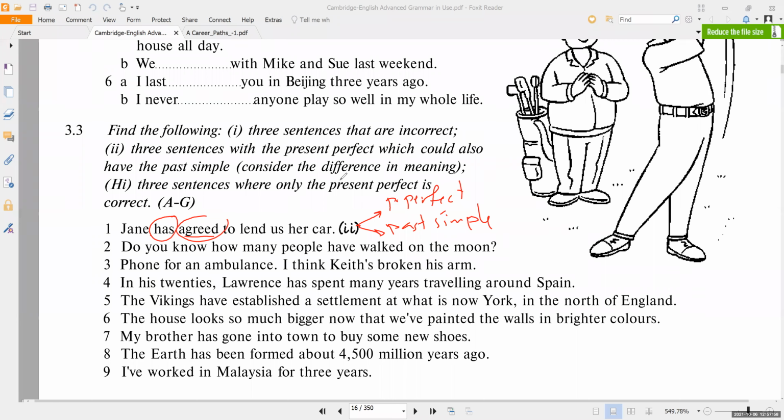Number 2, do you know how many people have walked on the moon? Do you know how many people have walked on the moon?